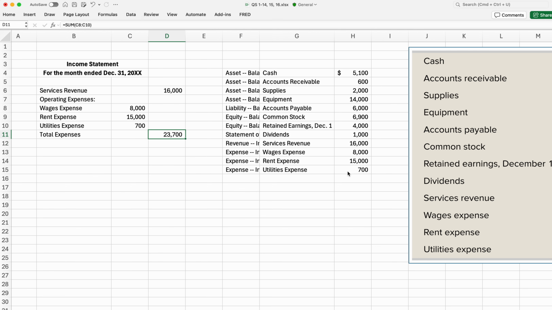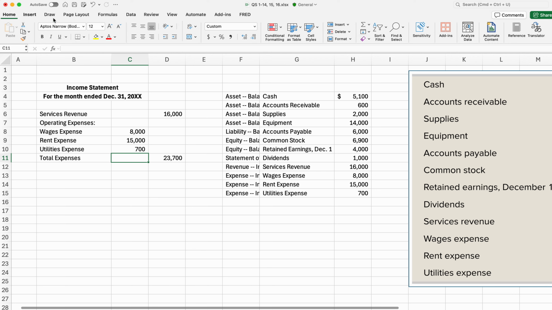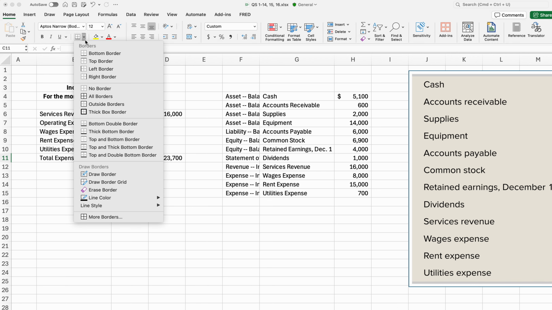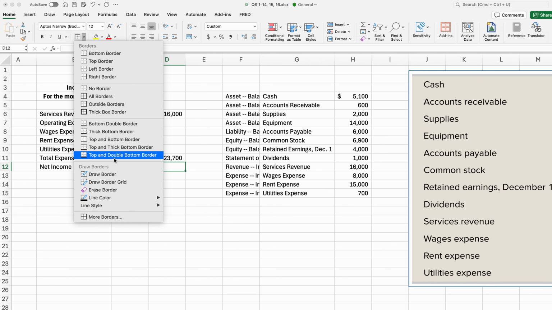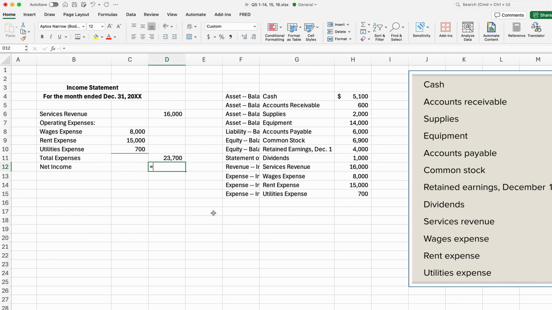One thing I want to do is draw a line underneath that one. And then finally, this is our net income. Give it a single top and a double bottom. So it's going to be equal to that minus that amount right there.